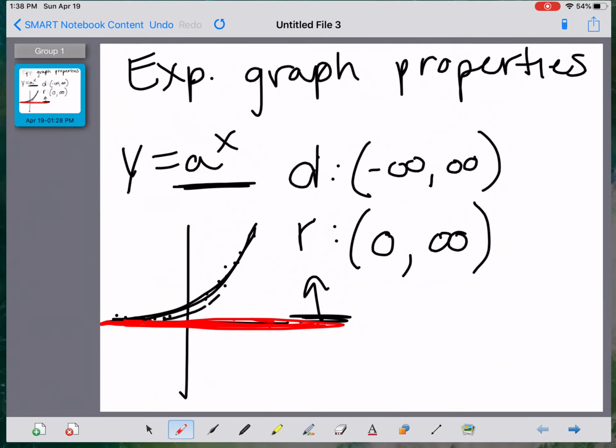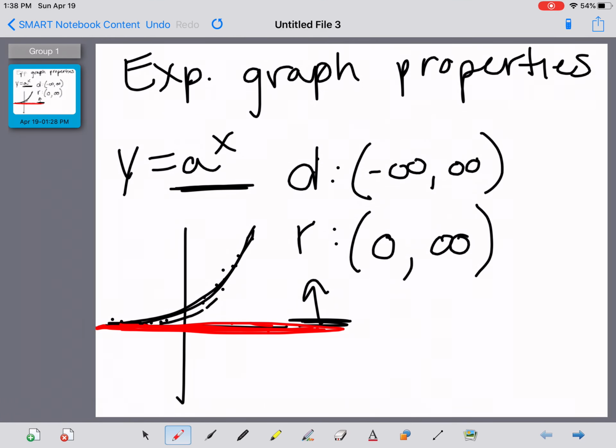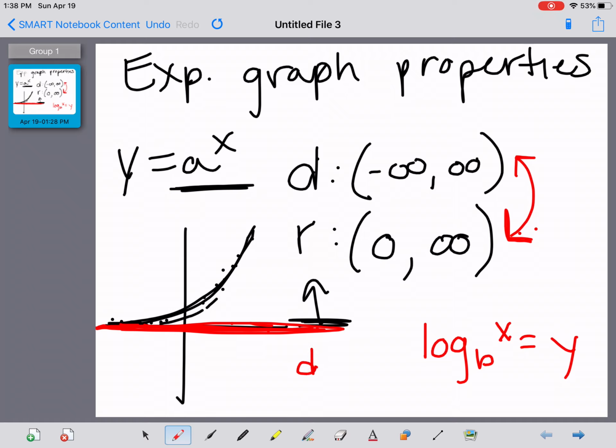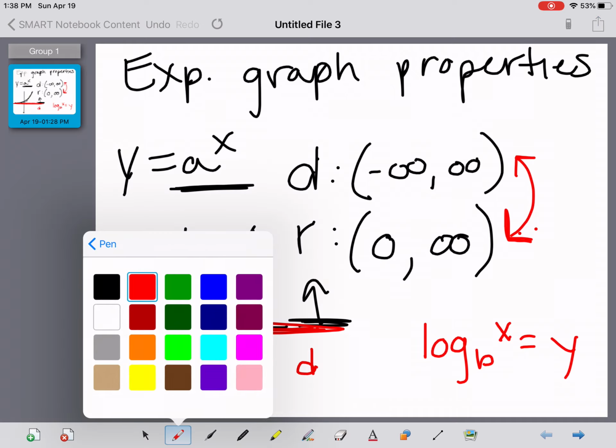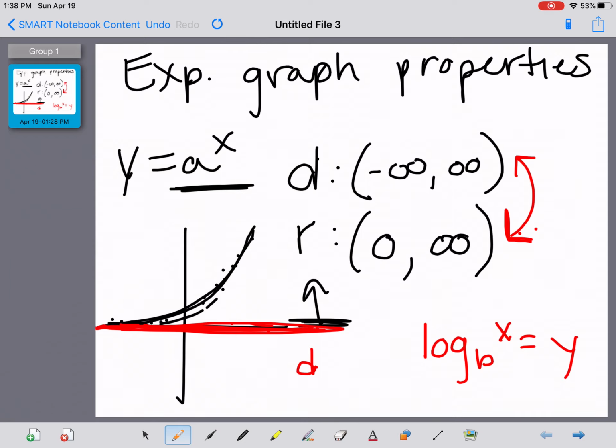So hopefully we can recognize that. For exponents, we have these properties, and if I do that with a log, these simply flip-flop. Let me change my color so you can see it. In this case it would go like this.